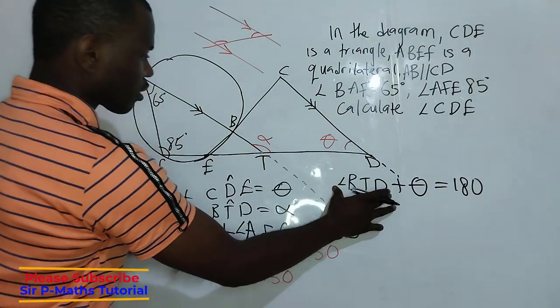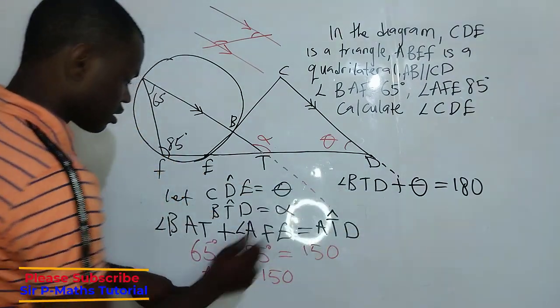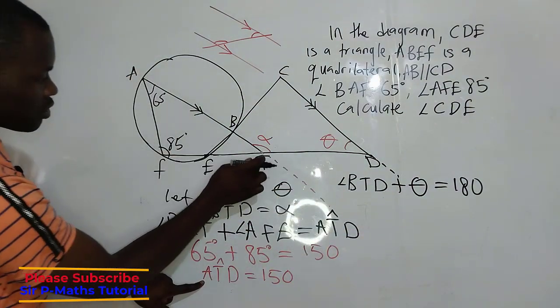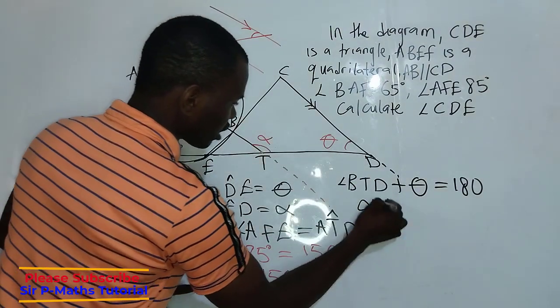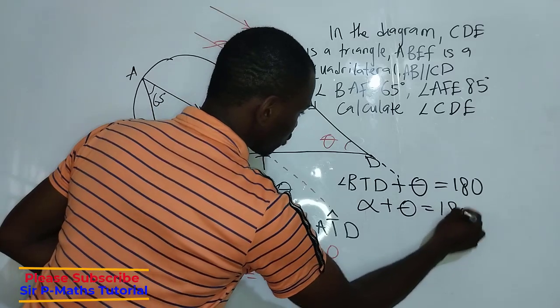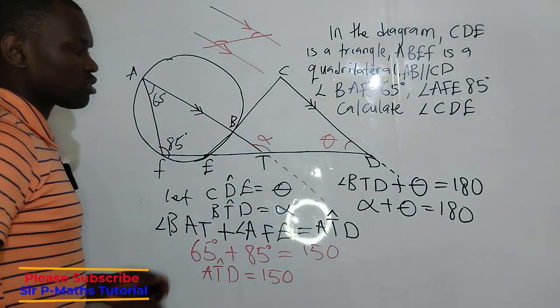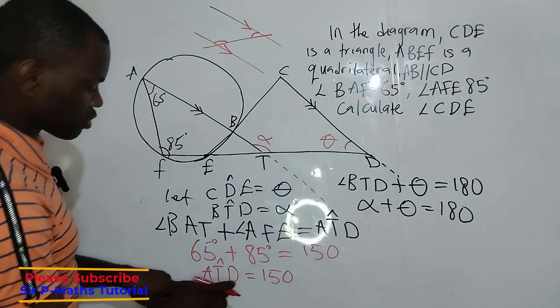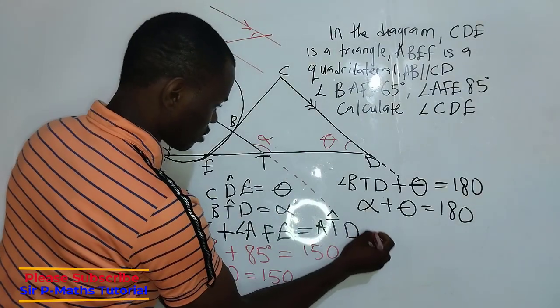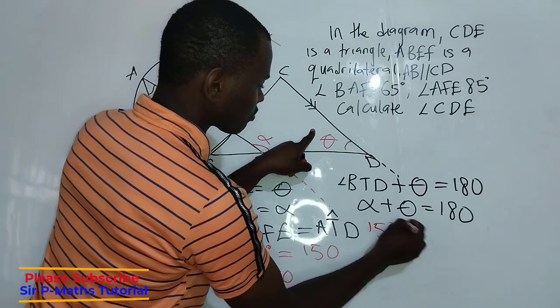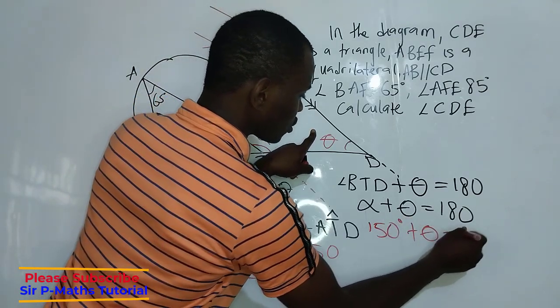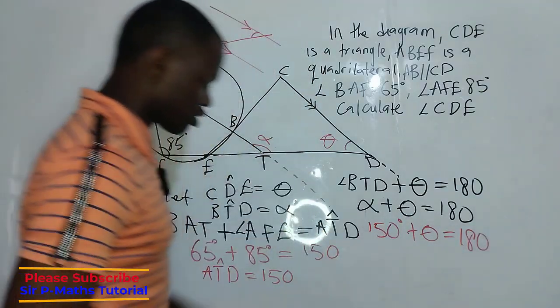So we quickly go. We have gotten BTD, which is same as ATD, this angle here. We named it alpha, so can I use alpha and theta equal to 180 degrees? So having gotten this, recall that my alpha, which is ATD, is 150 degrees, and my theta, I don't know it, so I'll call it theta, is equal to 180 degrees.